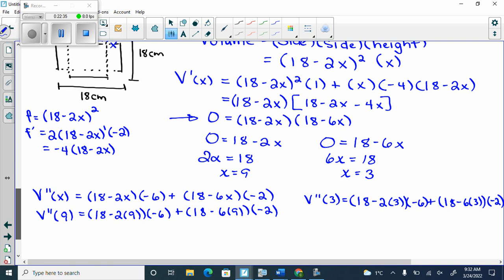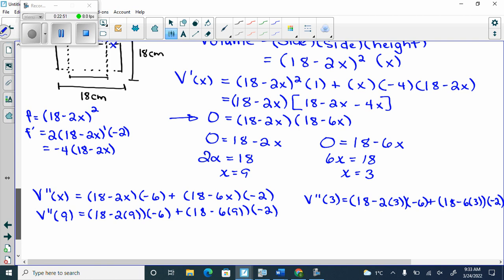This one you're going to get 18 minus 18, which is 0, so this side's going to cancel off. And then this one you're going to get a negative times a negative, which actually makes it be positive.